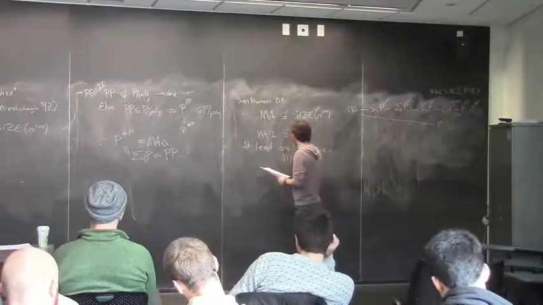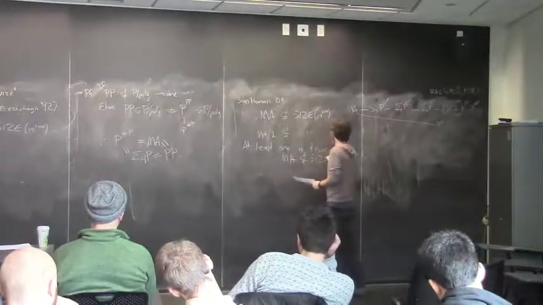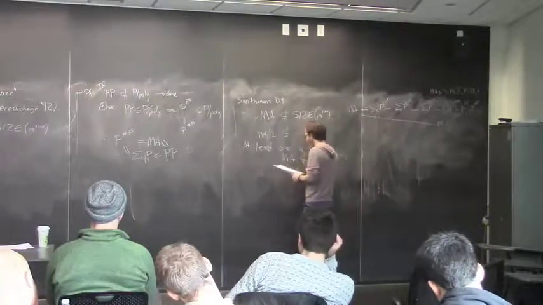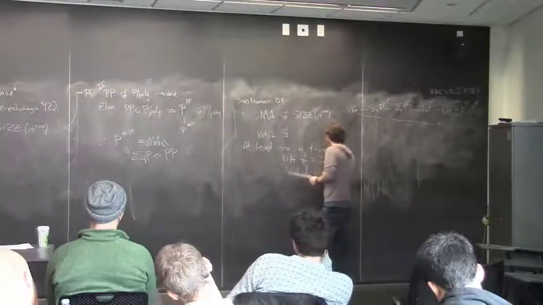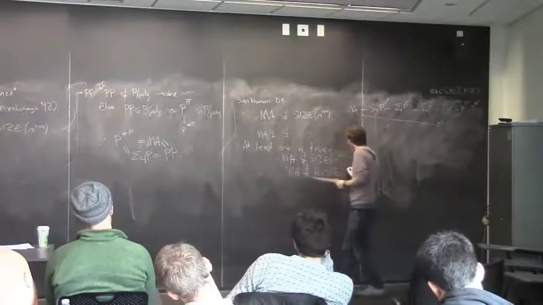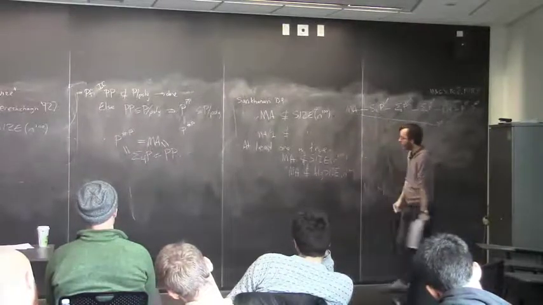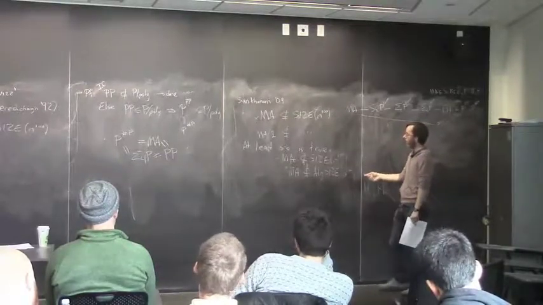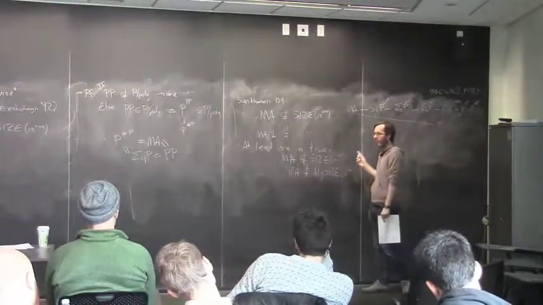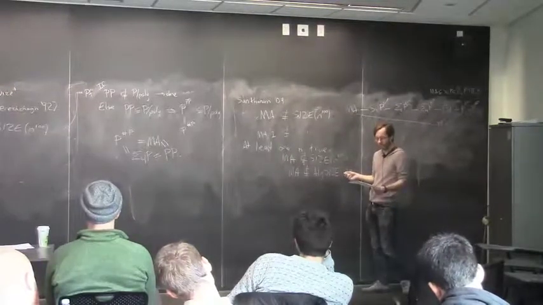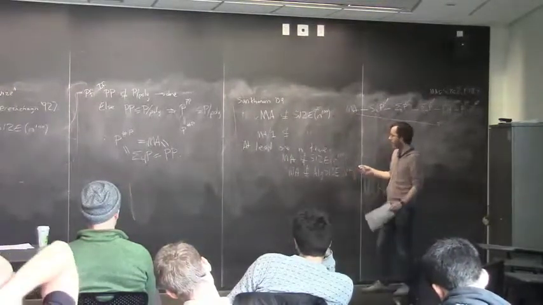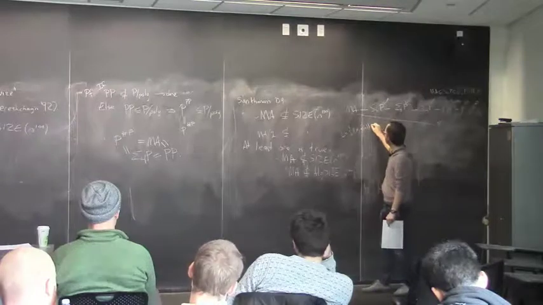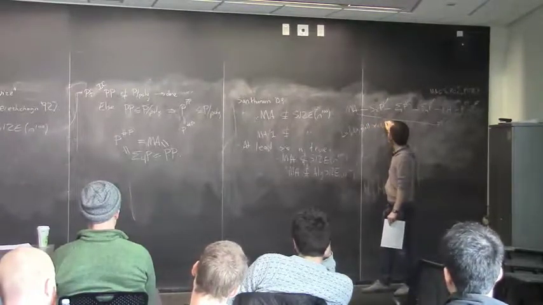Either the thing that we really want, MA, is not in size n to the 100, or MA is not in algebraic size n to the 100. And what does that mean? It means that there is a polynomial degree family, f, which cannot be computed by n to the 100 size arithmetic circuits over Z, such that the language {x : f(x) ≠ 0, for all x in the naturals} is in MA.